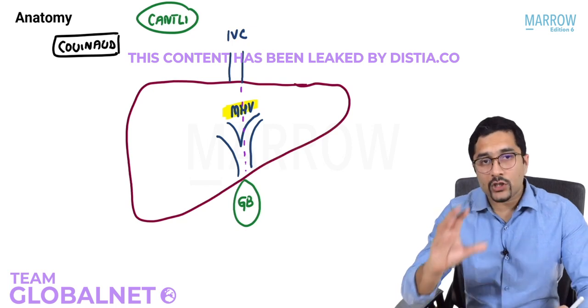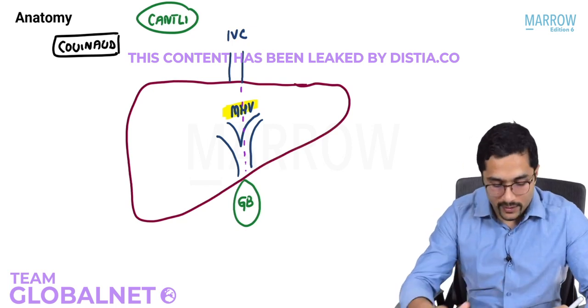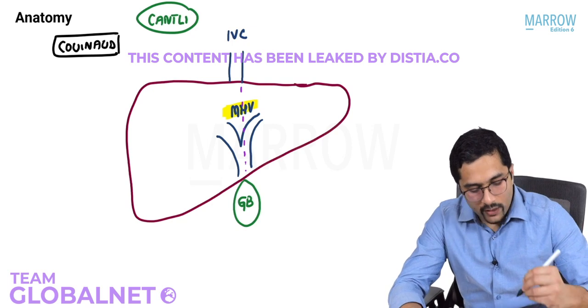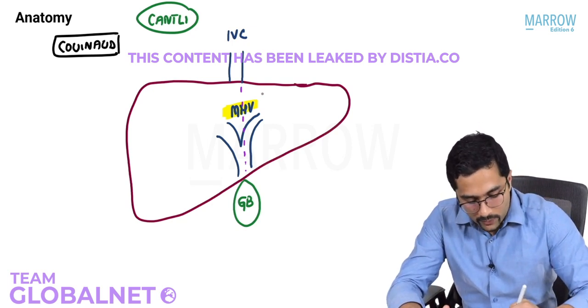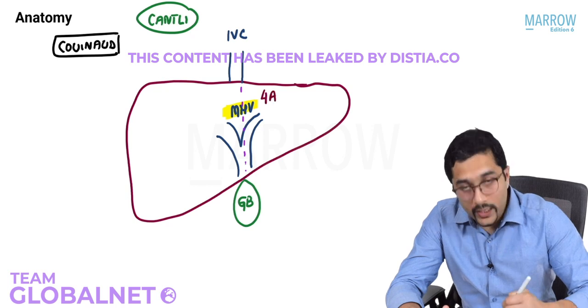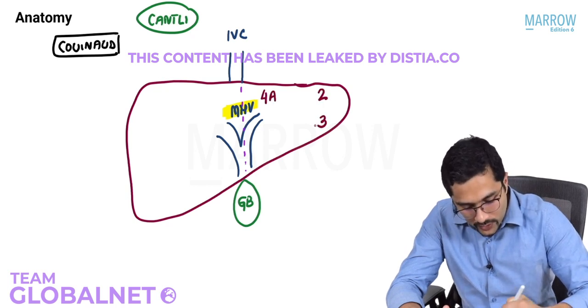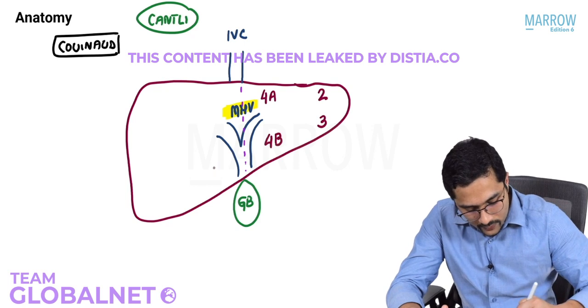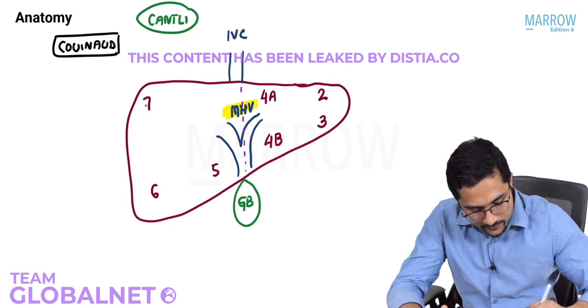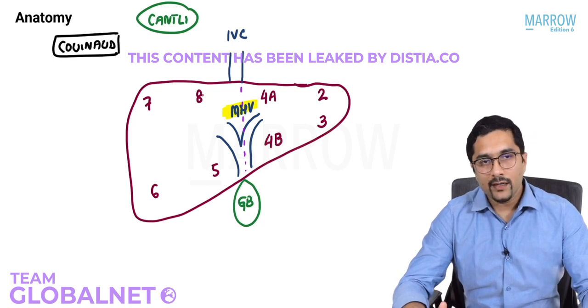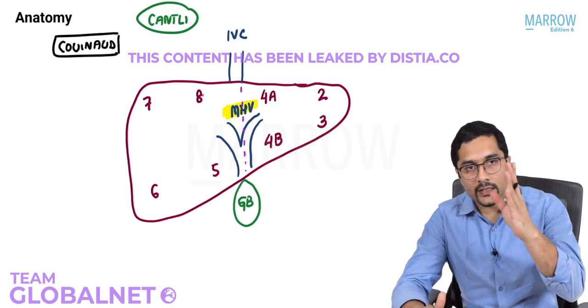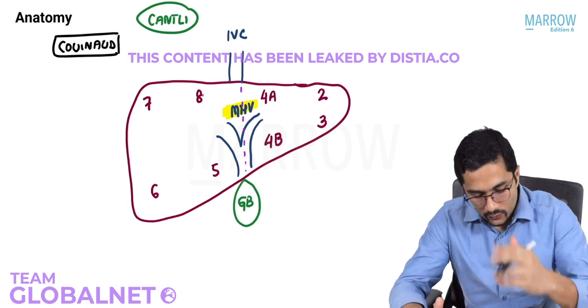Now, once we've done this much, we need to further subdivide the liver into various segments, right? So let me teach you an easy trick to remember these segments. We'll start clockwise from the gallbladder fossa. So this is 4A, 2, 3, 4B, 5, 6, 7, 8. We know that there are 8 segments in the liver. So we start clockwise from the IVC groove.